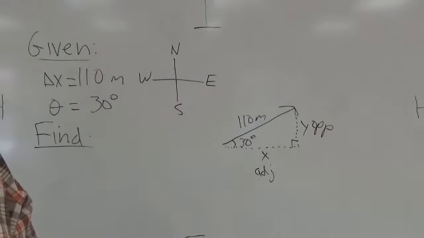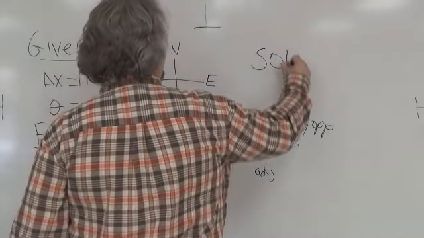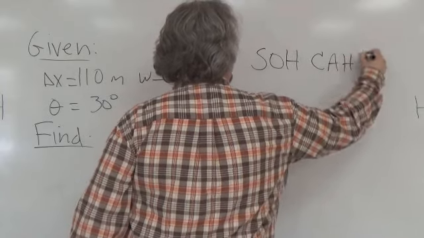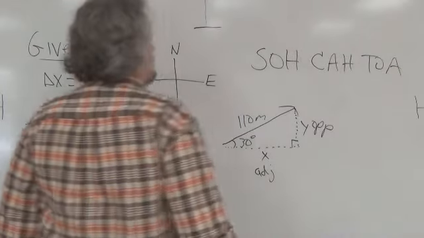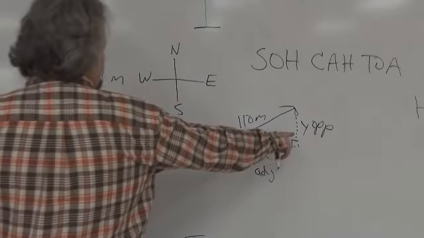So, once again, let's write down SOHCAHTOA and let's figure out which one do we use. Alright, so what we want to find is the north component of the displacement. So that's the y.